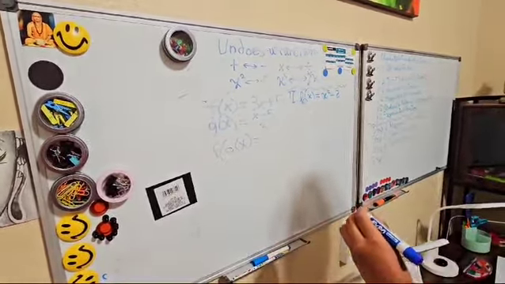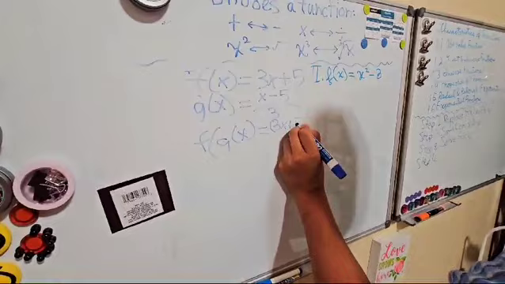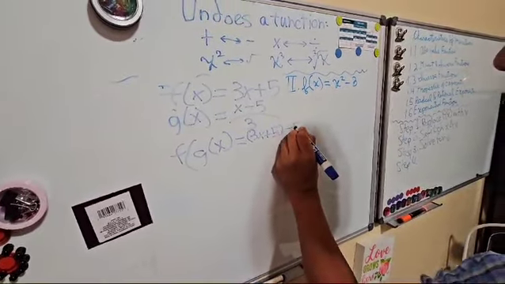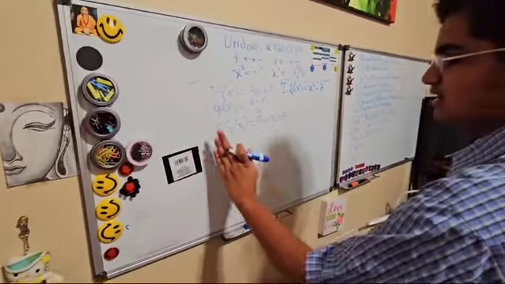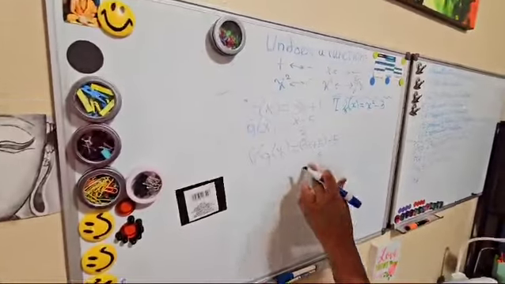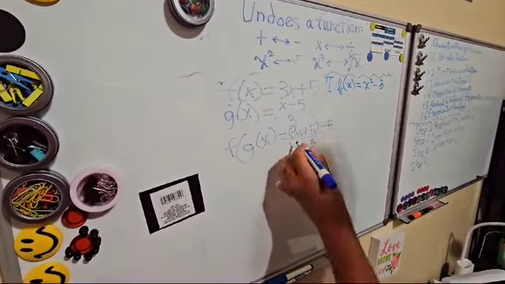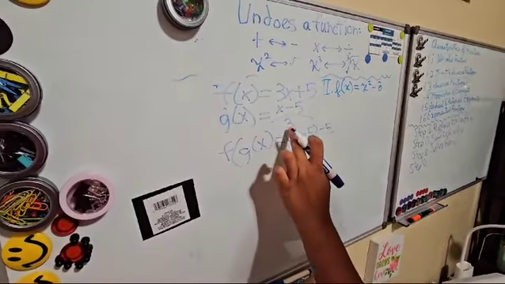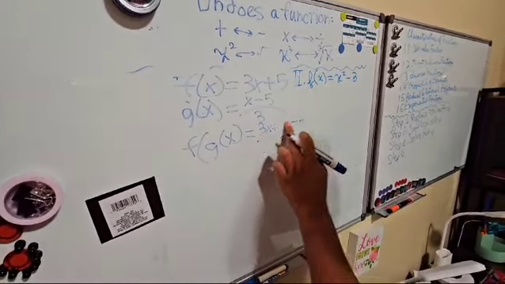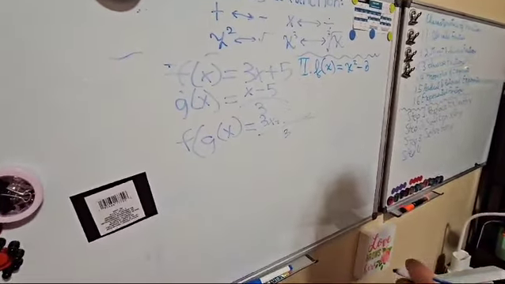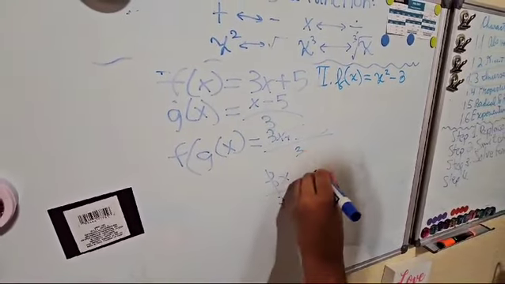That's equal to 3 times x minus 5 divided by 3, plus 5. The first step we would do is take out the parentheses, and both of these cancel out because positive 5 and negative 5 cancel out, making 3x divided by 3, and then both of these cancel out, making x.